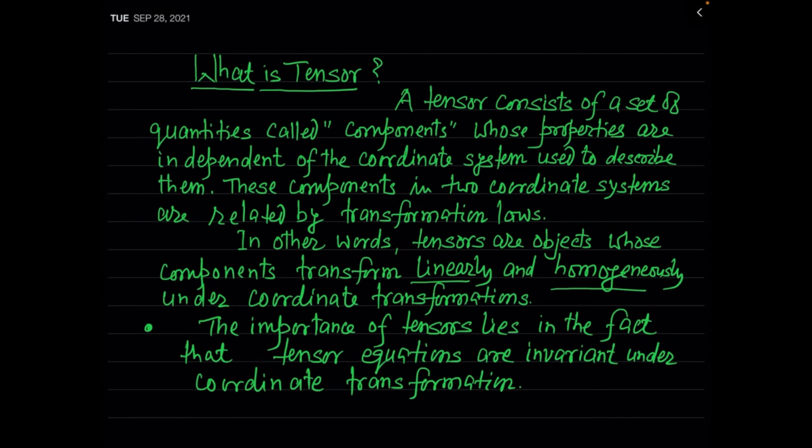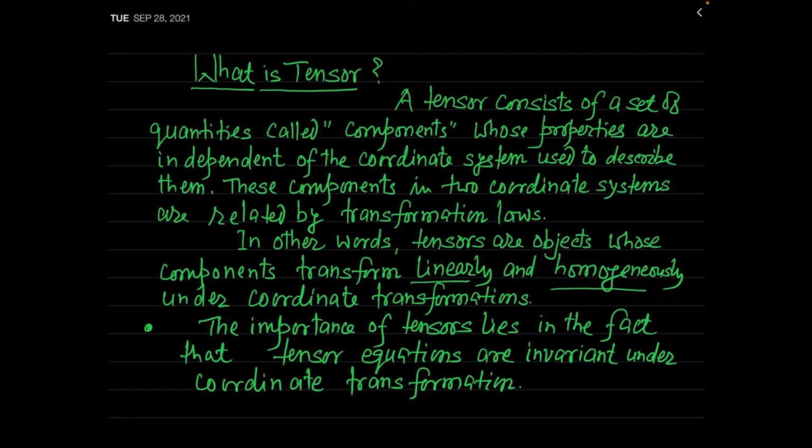You have studied the covariance or invariance of Maxwell's field equations in electrodynamics under the Lorentz transformation. Then you see that when we express the Maxwell's field equations in tensorial form, it becomes very easy to prove that these Maxwell's field equations are invariant under Lorentz transformation.